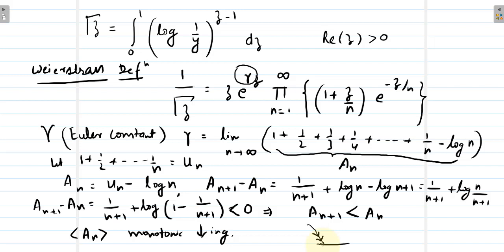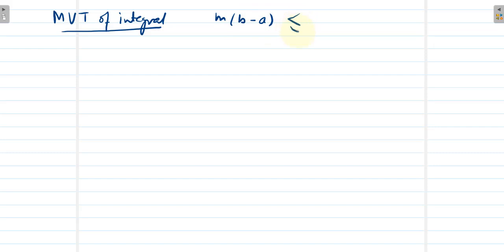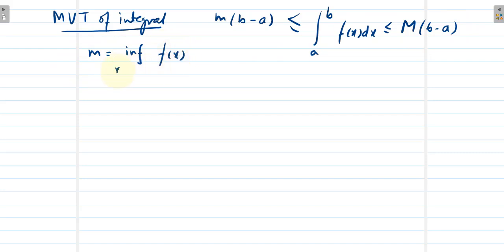So what we'll do for this, we know from the mean value theorem of integral calculus that small m times b minus a is less than or equal to the integral from a to b of f x dx, less than or equal to capital M times b minus a, where small m is the infimum of f x in the interval x belongs to a b, and similarly capital M is nothing but the supremum of f x in the same interval.